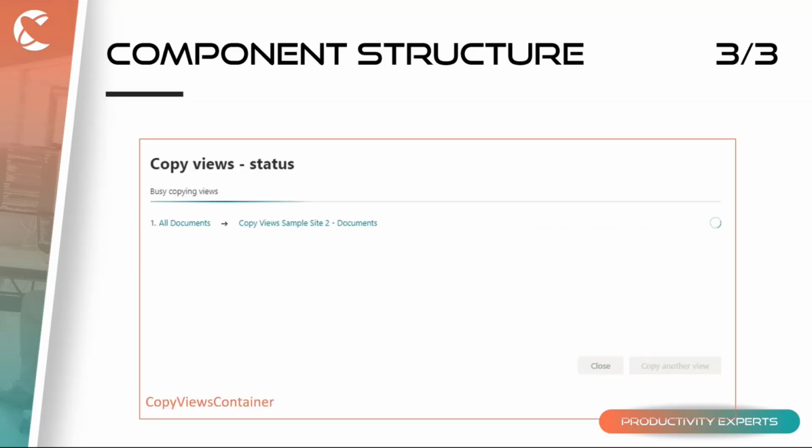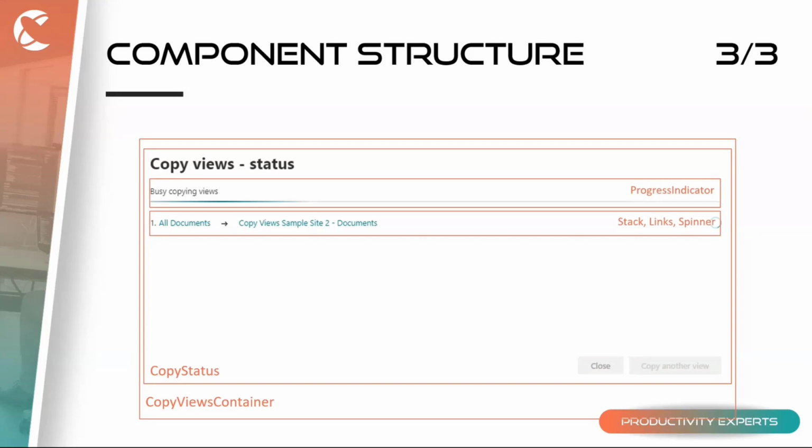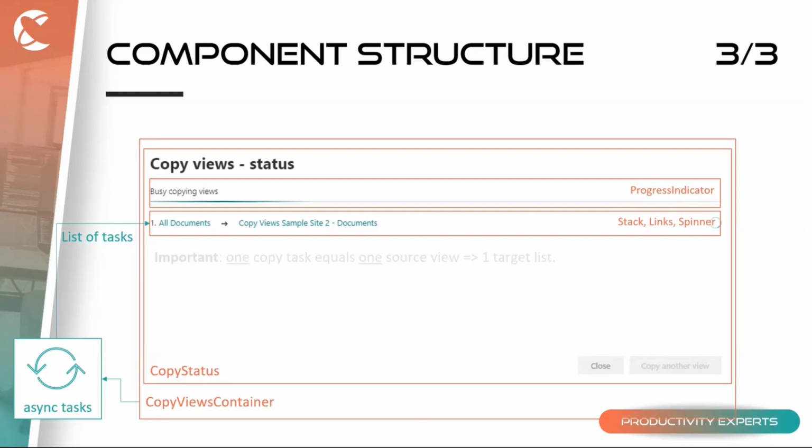As soon as you click the copy view button, another component is rendered. It's the copy status component, and it will show a list of all tasks, and also the status of that list, using all kinds of default Fluent UI components.